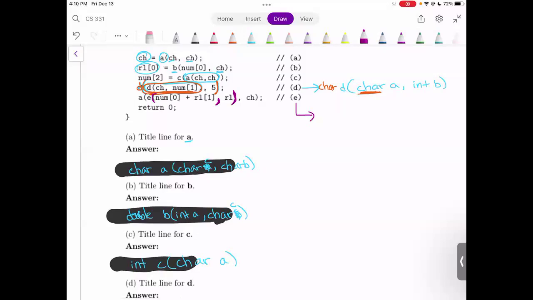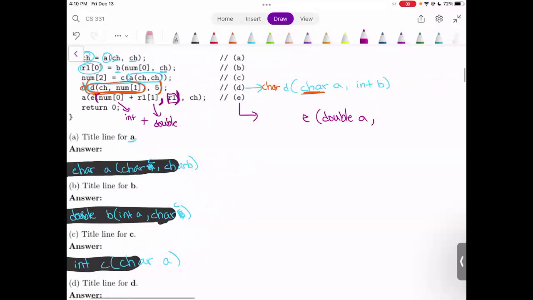It takes in, so this is an integer, and this is a double. An integer plus a double is a double. And then this RL is an array, a double array. So we have to write it as such.